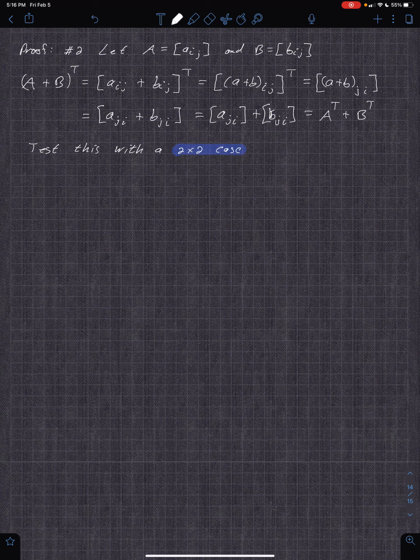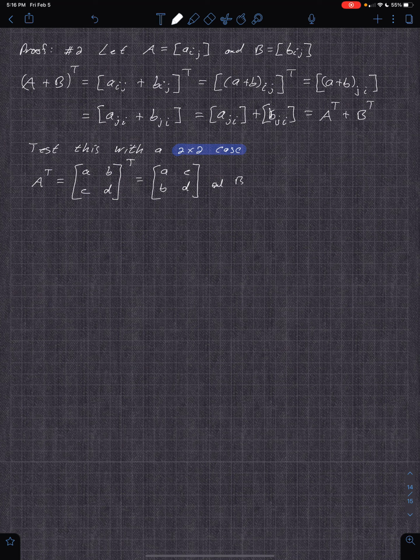So write down A. So I'd go A transpose is A, B, C, D. And then say transpose. Okay, so that's going to be A, B, C, D, like that.